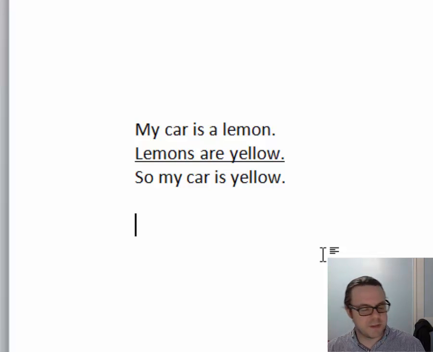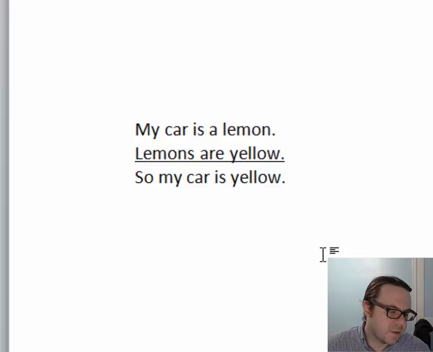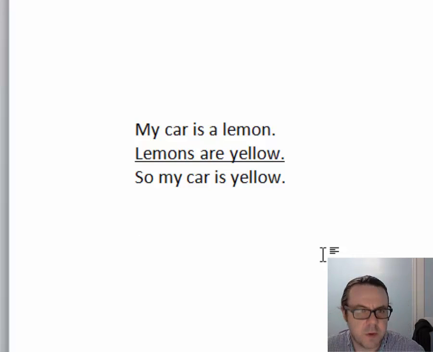Just as an example of this, sometimes in other philosophy classes, we get into a discussion about the existence of God, and there are some famous arguments from the history of philosophy about whether you can prove the existence of God.